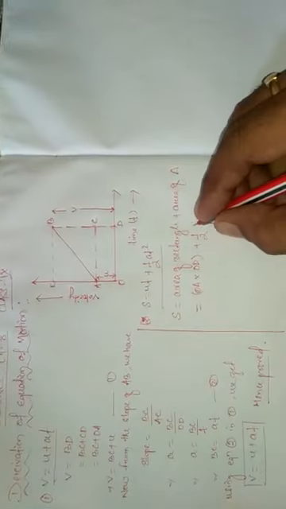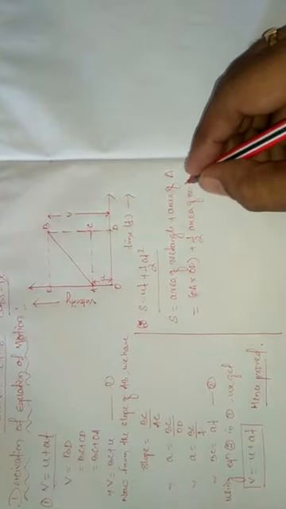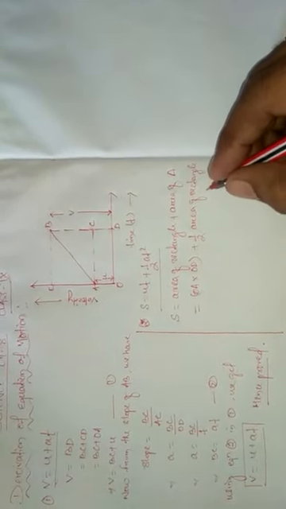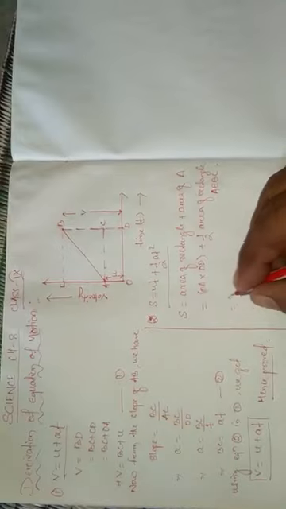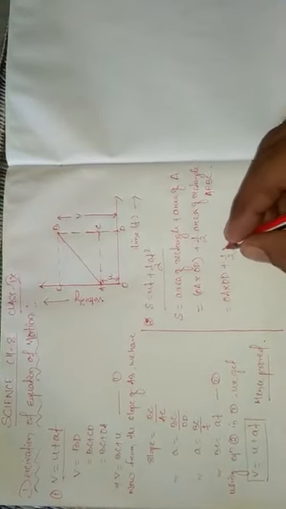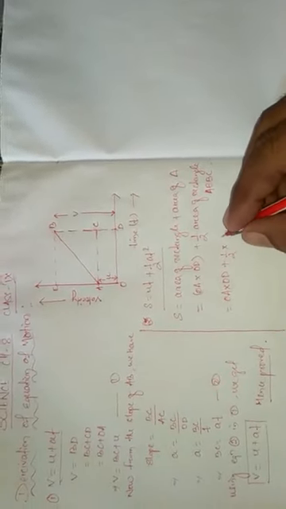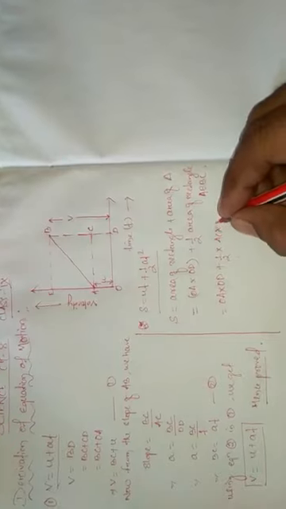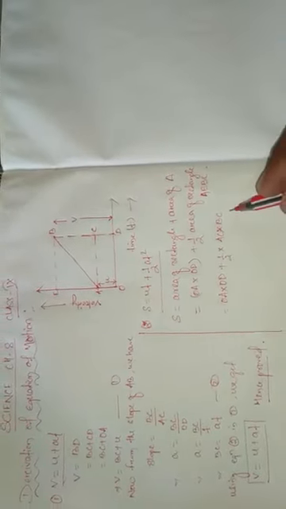So s equals OA into OD plus half into AC into BC, length into breadth.